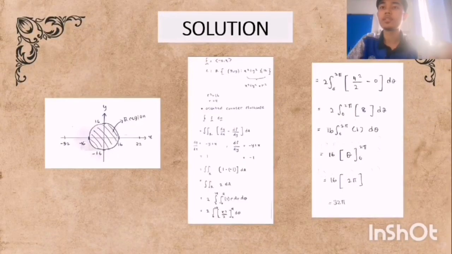First we integrate r, and then we get the answer for the r integration, and then we integrate theta, then we get 32 pi.